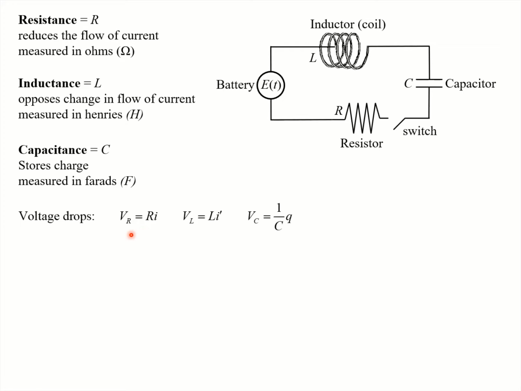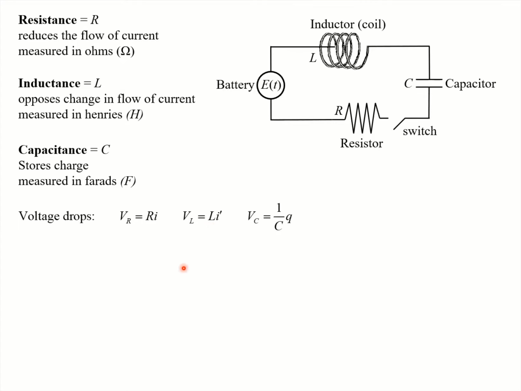And so this right here is a direct variation problem, and that constant of variation happens to be something called the resistance. So the voltage drop from the inductor is directly proportional to the derivative of the current. And so the constant of variation is L, which is called the inductance.